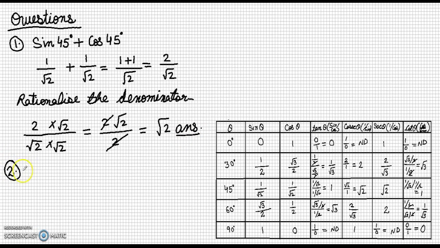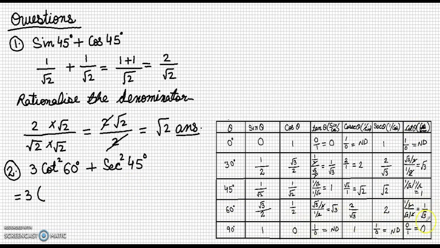Let's take another example. This time we have to calculate the value of 3 cot² 60 degrees plus sec² 45 degrees. So we'll write down 3 into cot 60 whole square.